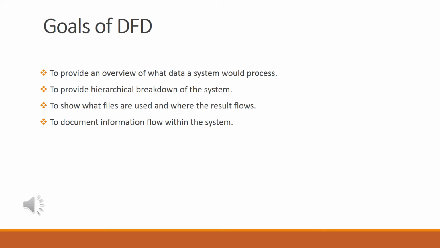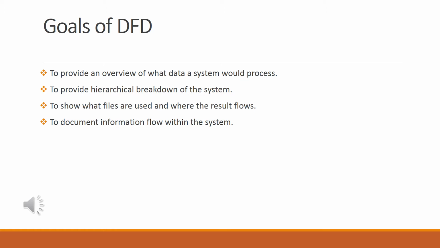Then further, the system designers decompose this into a level 1 diagram with some lower level functions. Then further it is decomposed into level 2 with further lower functions. So it goes on and on until the entire hierarchy is maintained according to the functionalities.